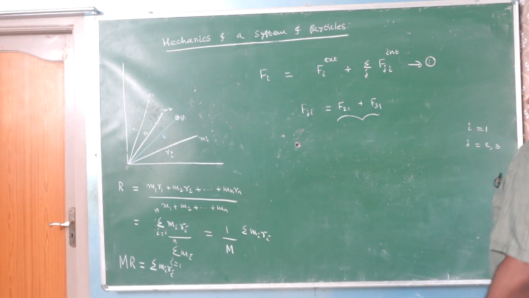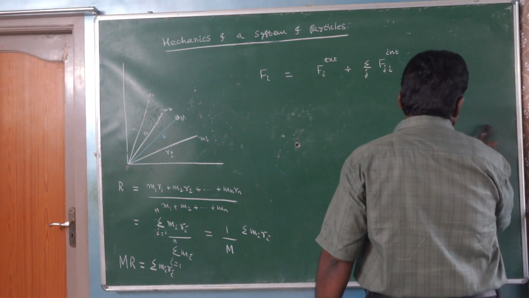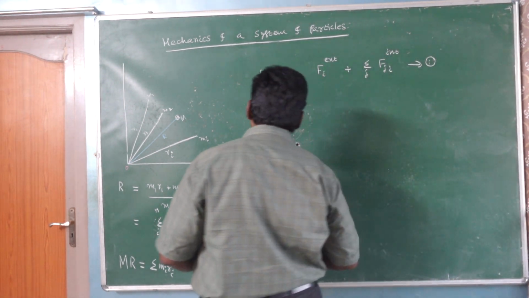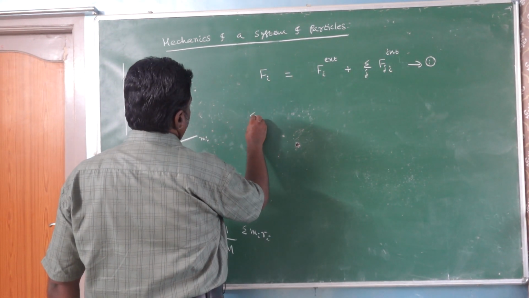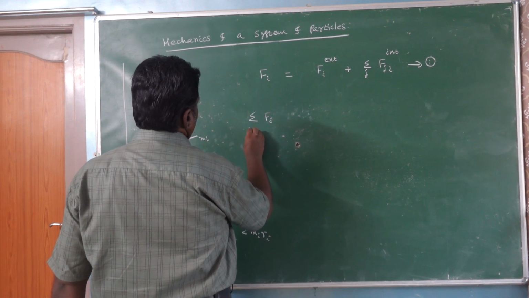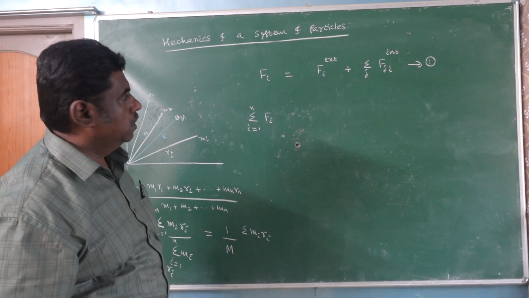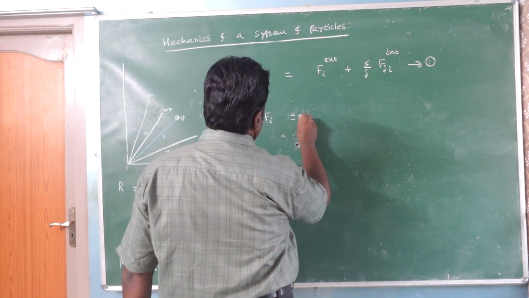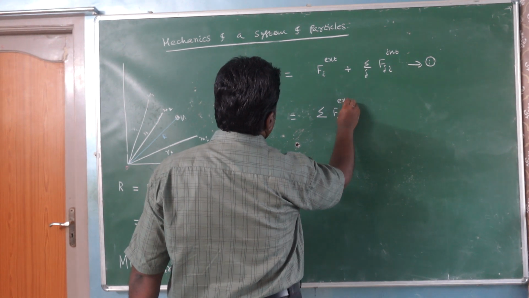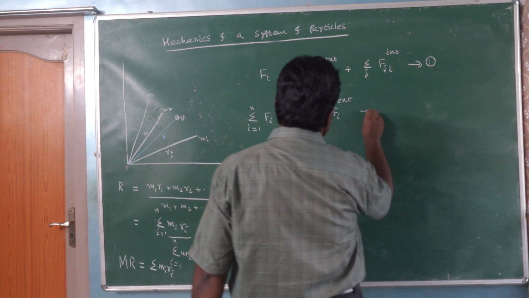Then, for the entire system, if you want to know the force acting on the entire system, just take the summation. Here i equals 1 to n. On the right hand side, we have to write Fi external, and also i equals 1 to n.